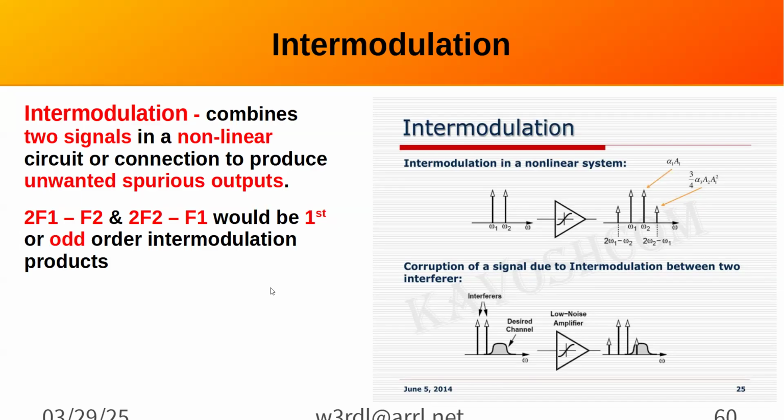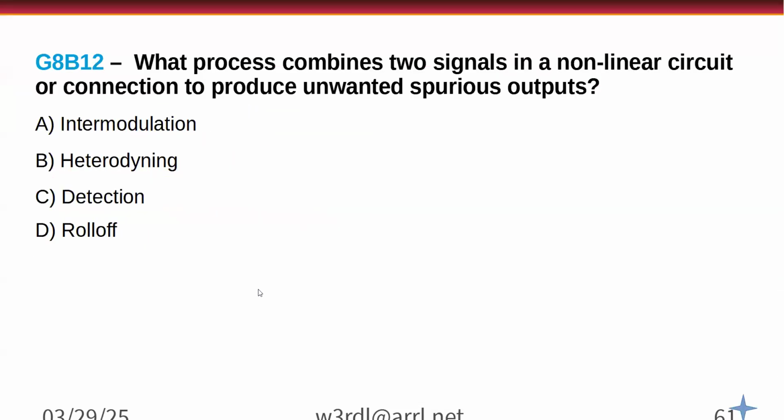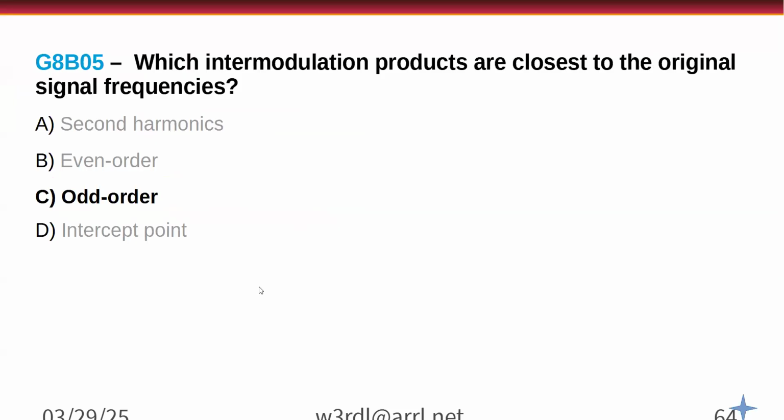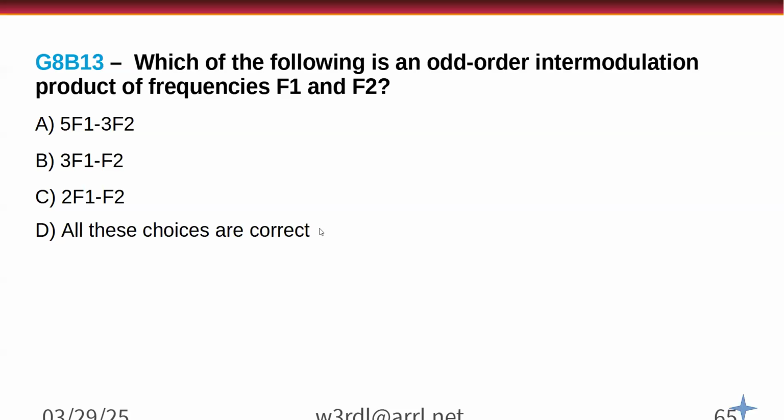Power order, first order, odd order. Which of the following is an odd order intermodulation product of frequency F1 and F2? Charlie. It can be 2F1 minus F2 or 2F2 minus F1.